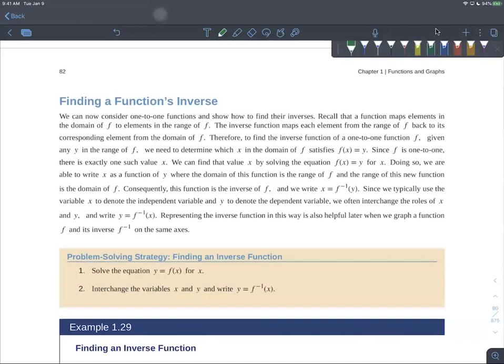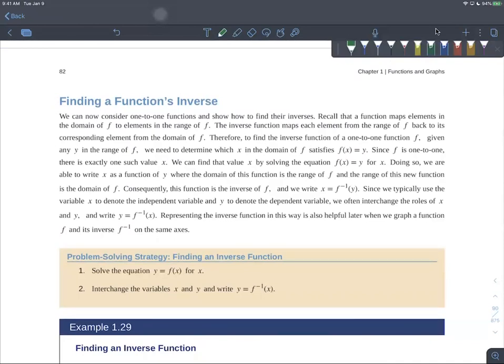Okay, we'll get to an example here pretty soon. We're just reading through. Doing so, we are able to write x as a function of y, where the domain of this function is the range of f, and the range of this new function is the domain of f. Consequently, this function is the inverse of f, and we write x equals f inverse of y.